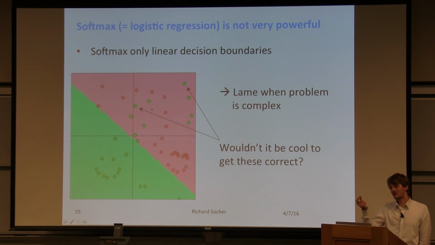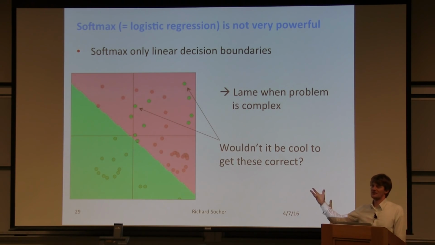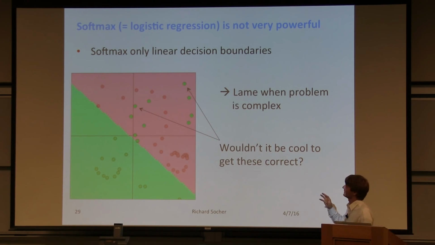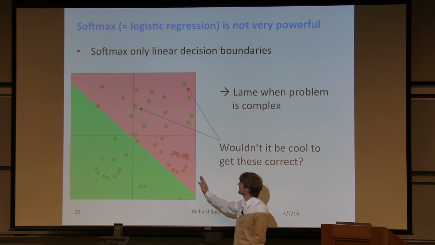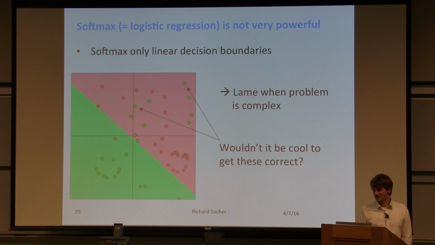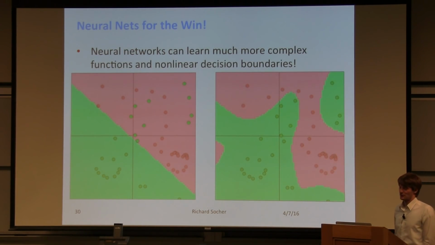And again, if you have very little data, you might not want to, because they might just be outliers and you would overfit. But if you have lots of data and it's clear that the real manifold that your data lies in is just not linear like that, then it would be nicer if we could actually have a decision boundary that looks like this.